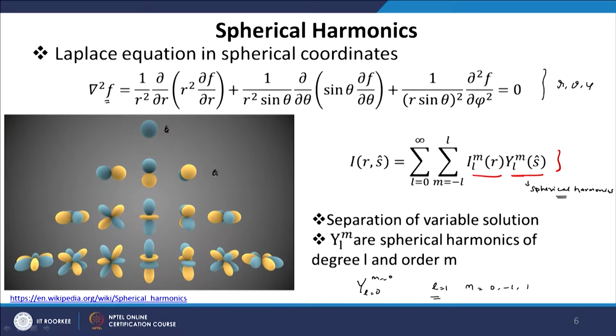If you go for higher order terms, L is equal to 2, the shapes are of d orbital, and there will be 5 terms, and similarly there will be 7 terms if you go for L is equal to 3, that is the f orbital. So, L is equal to 0 is s, L is equal to 1 is p, L is equal to 2 is d, and L is equal to 3 is f.